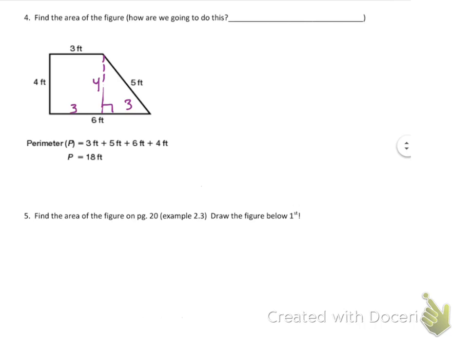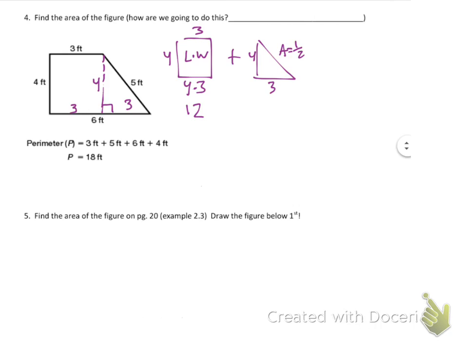So wait a minute. If I find the area of this guy and add it to the area of this guy, I have the total area. And you're saying this is 4 times 3, so length times width, which is 12. This guy over here has a 4 height, 3 base.